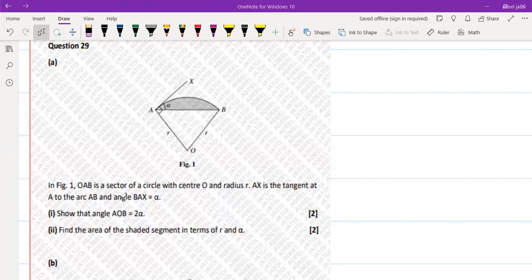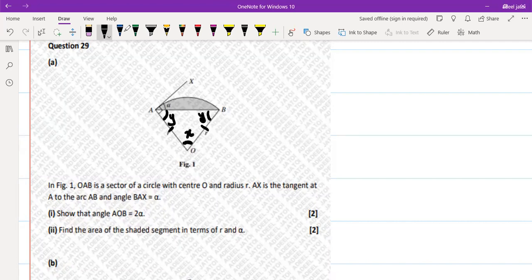Now, to solve this, let's take angle AOB as X and let's take this as Y. This should be Y as well because of the same radius.